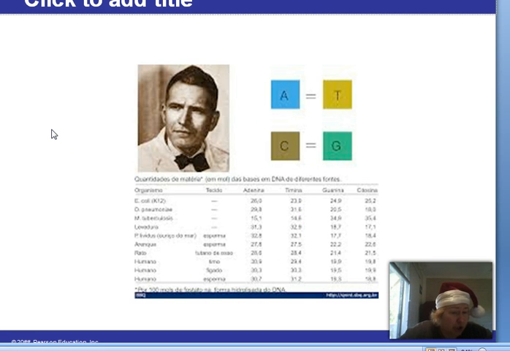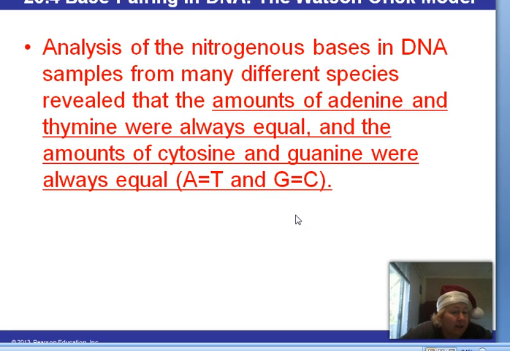Let's talk about Chargaff's rule. Chargaff's rule says A goes with T, C goes with G. This is his basic rule. He figured it out through analysis, this handsome guy here with a little bow tie. You can't read these numbers. They're really fuzzy. But when he analyzed DNA, he found that there was always exactly the same amount of adenine and thymine.